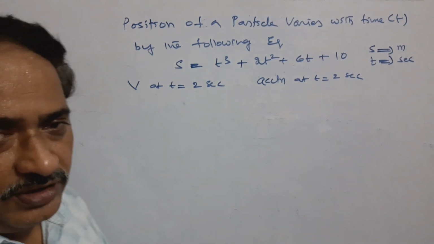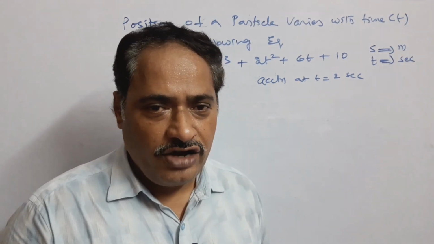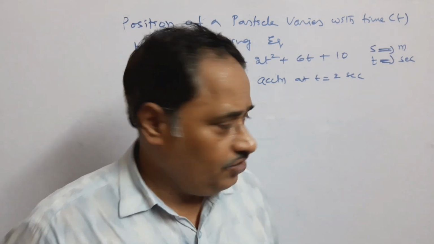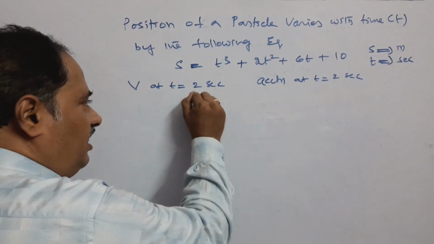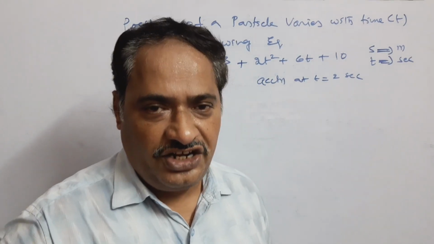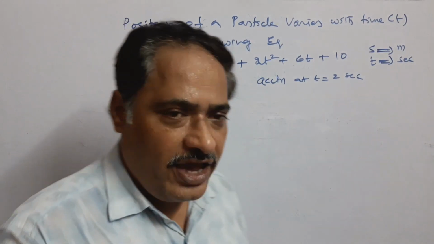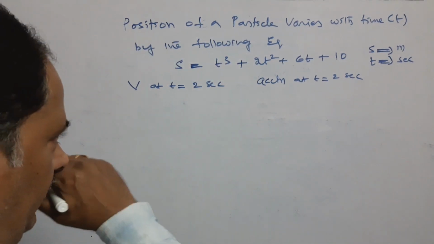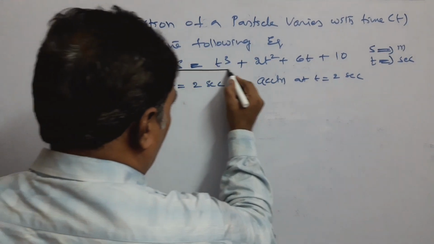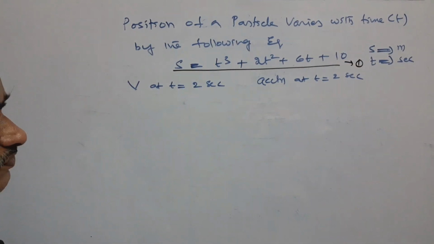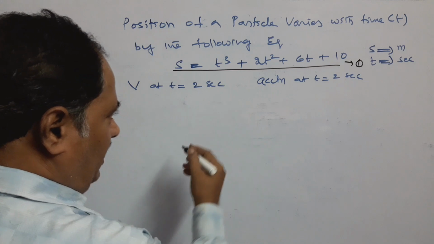In this problem, time value changes, displacement changes. You need velocity at a particular instant of time, 2 seconds, instantaneous velocity. Here also acceleration, instantaneous acceleration. So take this as equation number 1: s equals t cube plus 2t square plus 6t plus 10.